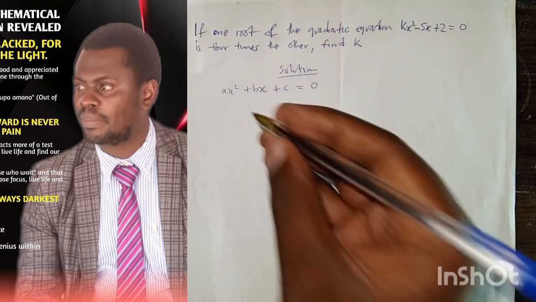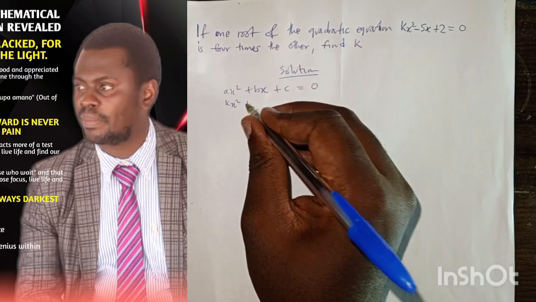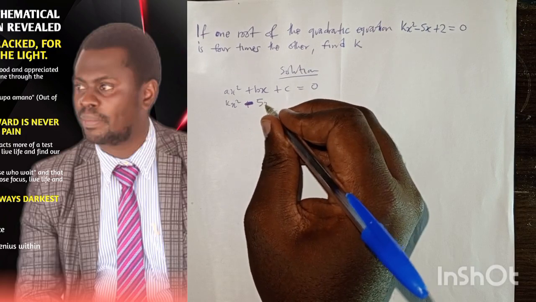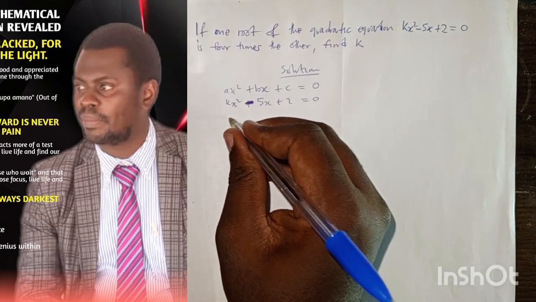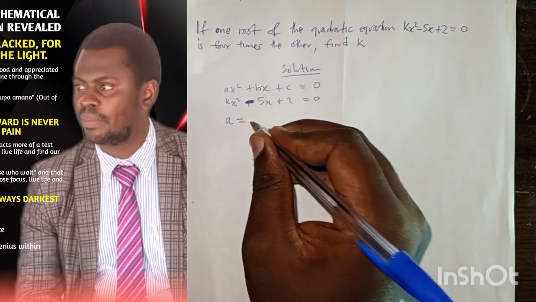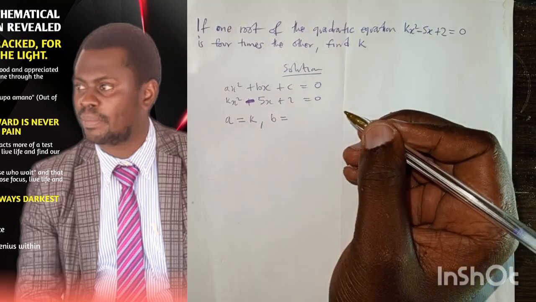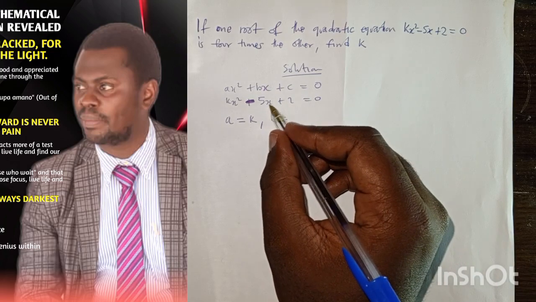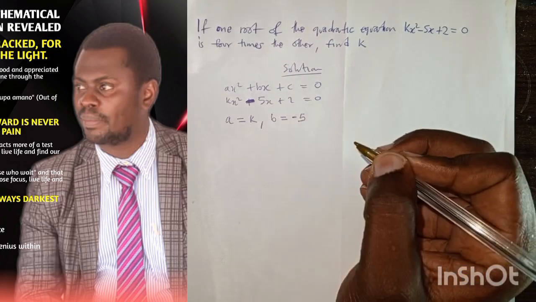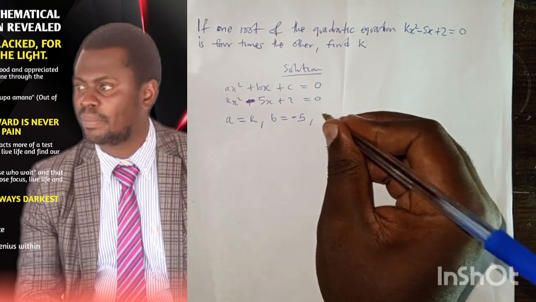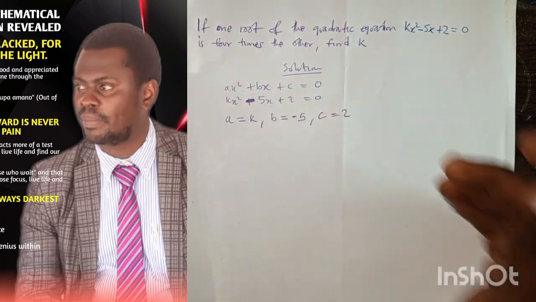So from kx squared minus 5x plus 2 is equal to 0, we can see that the value of a is k, the value of b, that is the coefficient of x here, is minus 5, and the value of c, that is the term independent of x, is 2.